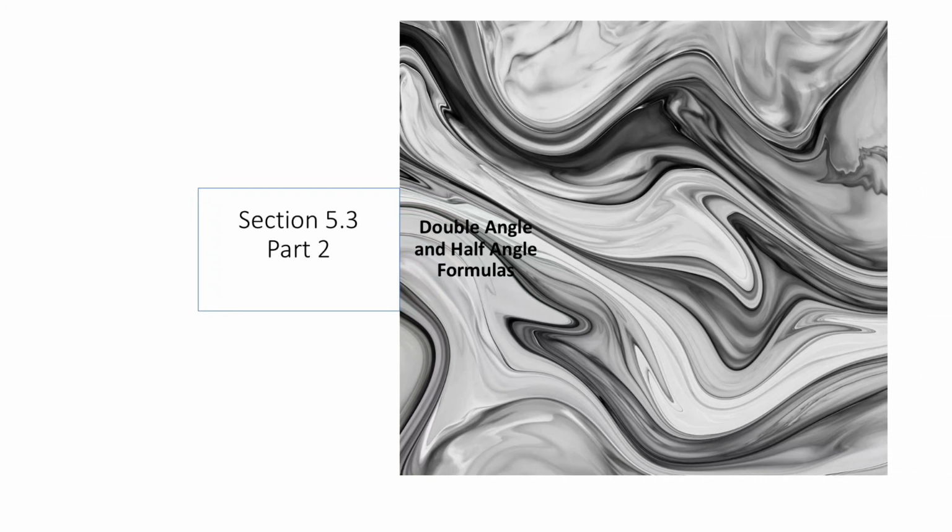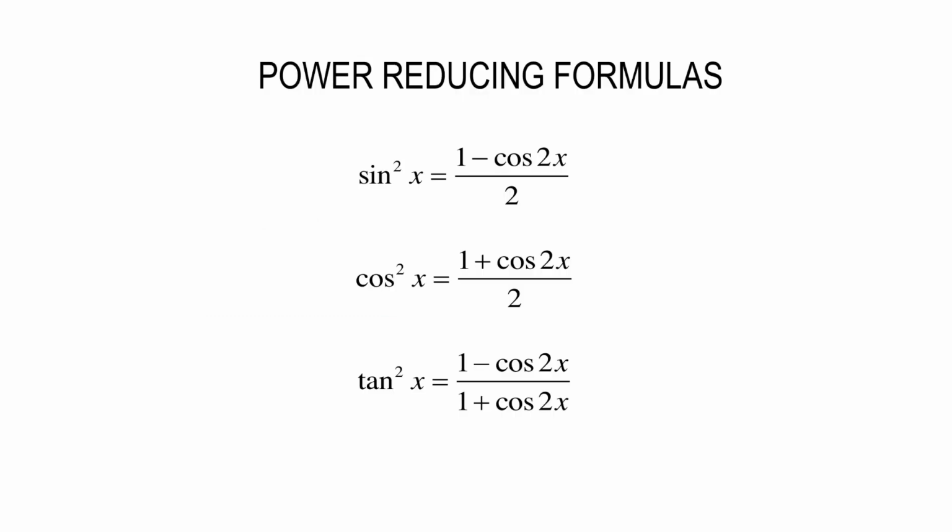In the second half of 5.3, we're going to take a look at the half-angle formulas and the power reduction formulas. First, let's talk about the power reduction formulas. What this can help us do is rewrite a statement where we've taken it down by a power of 1.